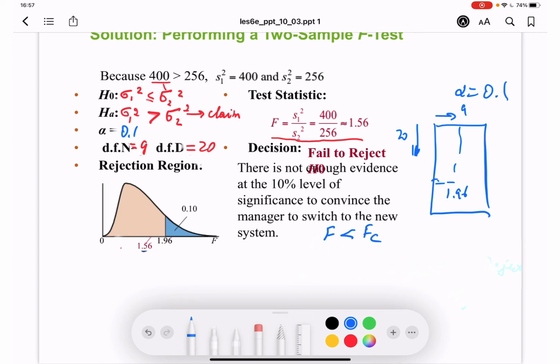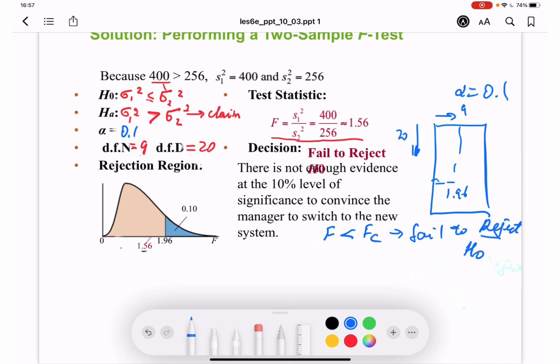Therefore, we draw the conclusion: we fail to reject the null hypothesis. Our claim is the alternative, so that means we reject the alternative. If we fail to reject null, then we reject alternative.